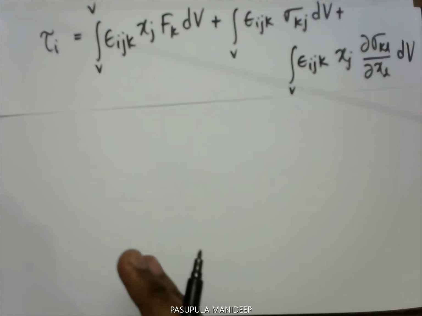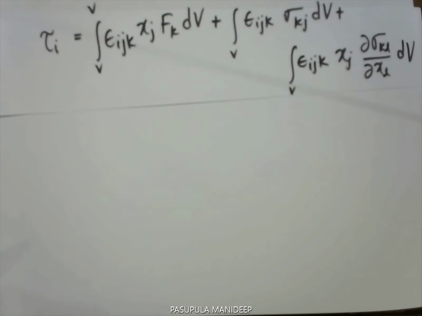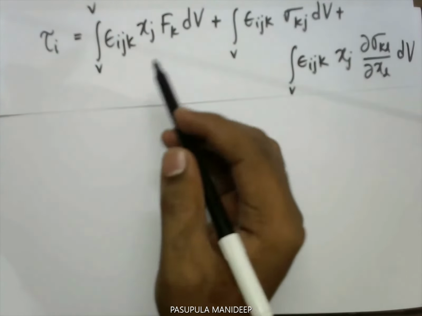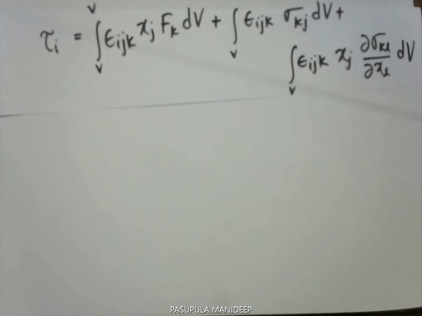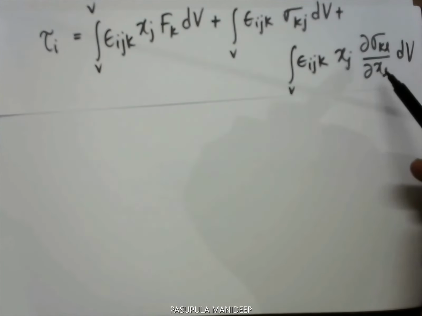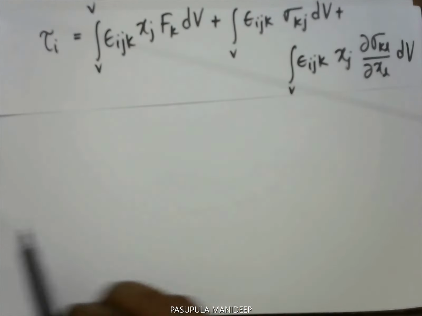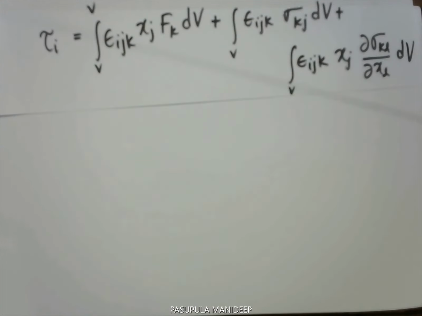As the volume of the fluid element tends to 0, the force, sigma ij and also del sigma ij by del xk will all be approximately constant across the element, because the volume is very small.